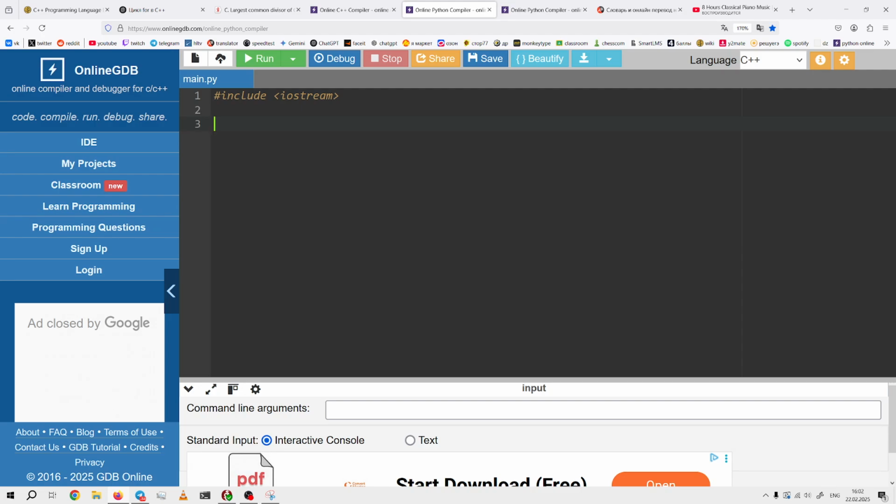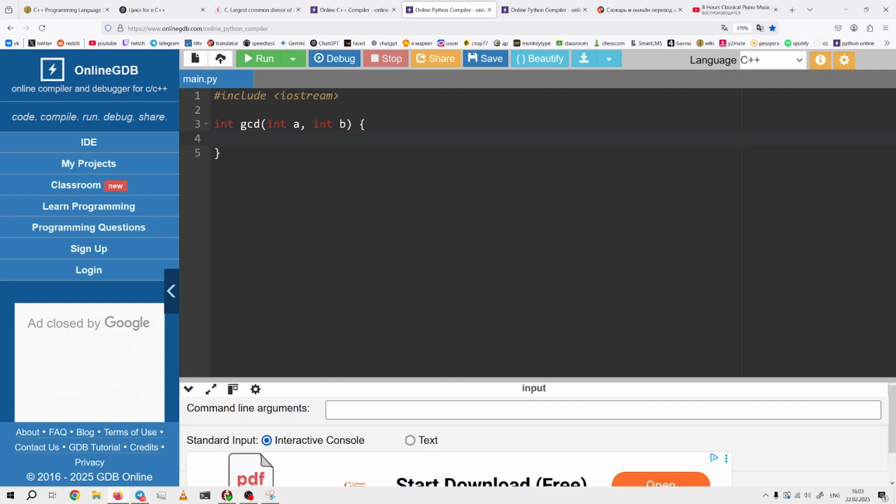And we create a function, int, let me call it GCD actually, with two numbers, int a and int b. These are our two variables that we have got.